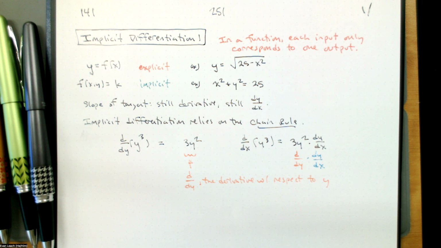If I want the derivative with respect to y, I just say 3y squared. The derivative of y cubed with respect to x is 3y squared times dy dx using the chain rule. Take the derivative of the outside, leaving the inside alone, and multiply by the derivative of the inside.